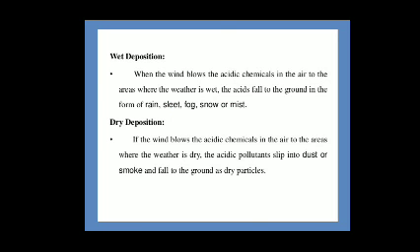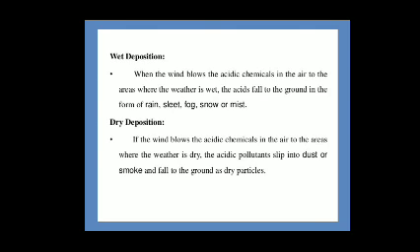Wet deposition: when the wind blows the acidic chemicals in the air to the areas where the weather is wet, the acids fall to the ground in the form of rain, sleet, fog, snow, or mist.